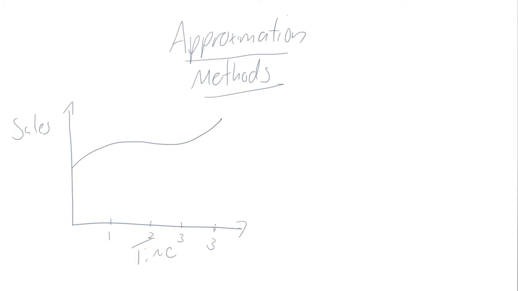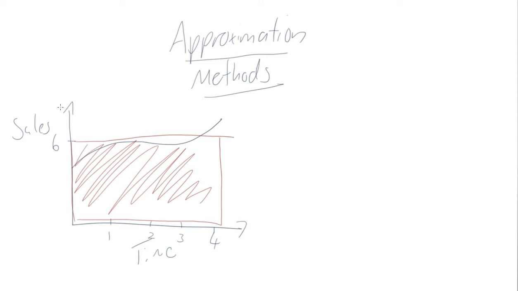I wrote 3 twice. So basically, if you've got 4 years and let's say you sold, sorry, trying to find my color palette. There it is. If you sold, let's say on average 6 items per year, then this area in here would basically be your sales, and your sales would be around 24 units.